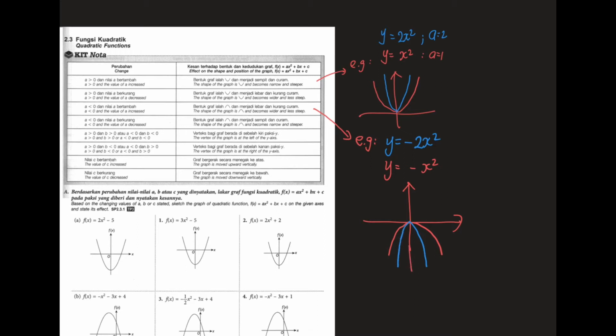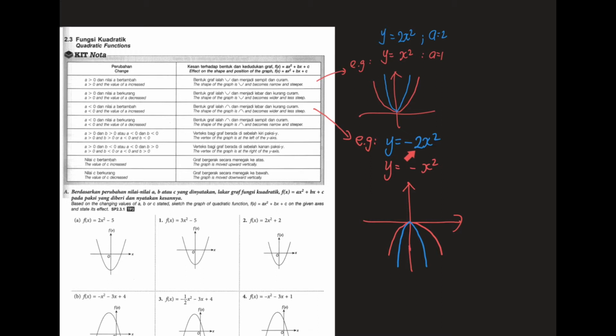Okay, now let's understand the information here. They say, the third row again, the shape of the graph is a sad face graph. As you can see, sad face because a is negative, and becomes wider and less steep. That means this is from the blue to the red.